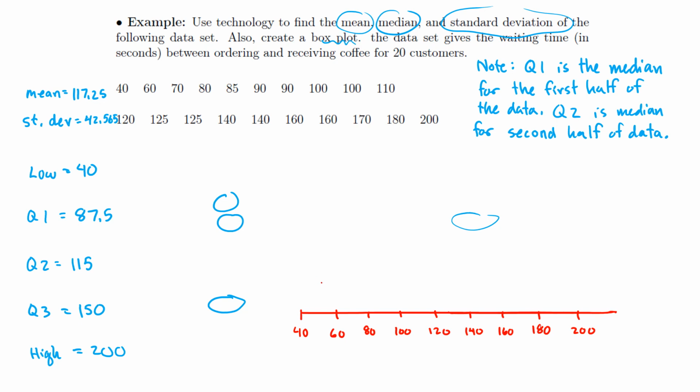So we have a median of 115, yeah, it puts me right about there. We have a first quartile of 87.5, so there's 90, right? So maybe right about there. And then a third quartile of 150, which puts me right there.